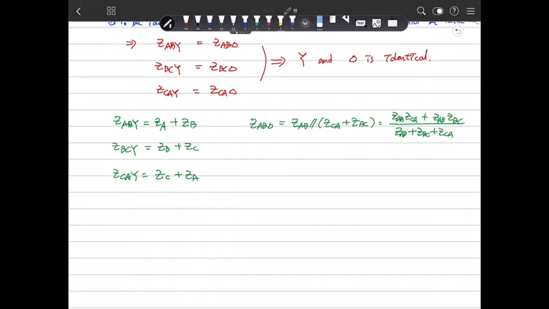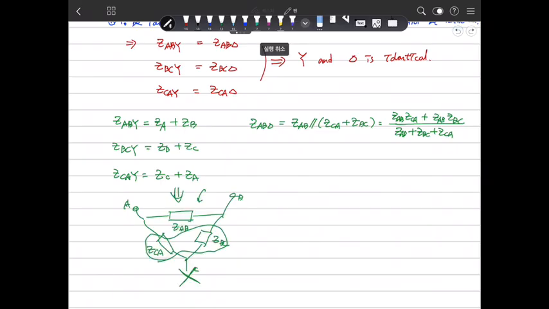In the same way, what is GBC delta? From the viewpoint of BC, A is open, so GBC is in parallel with GAB plus GCA.